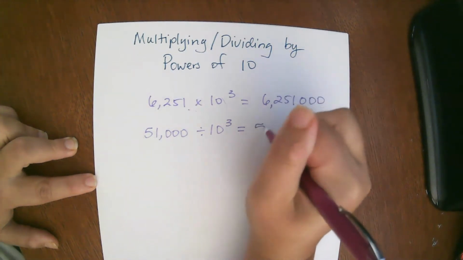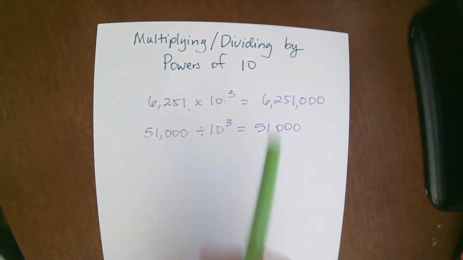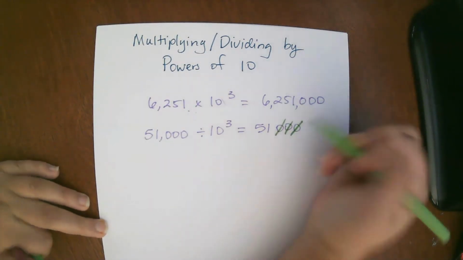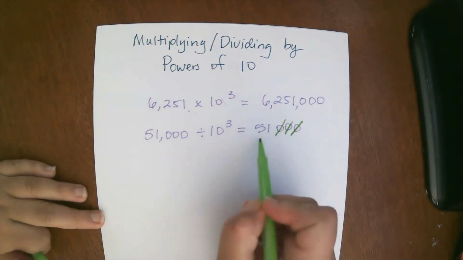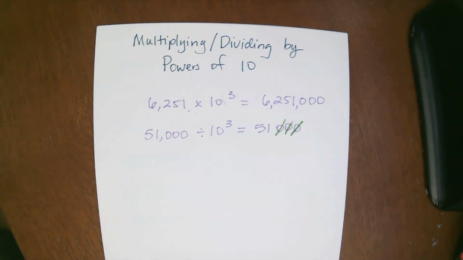So we would rewrite 51,000 and we are going to delete 3 zeros. 1, 2, 3. So our final answer would just be 51. So you probably remember that from a previous class. So now we're going to step it up a notch and we're going to do this with decimals. And you're going to see it's pretty easy.